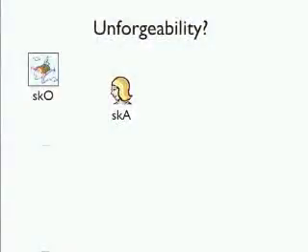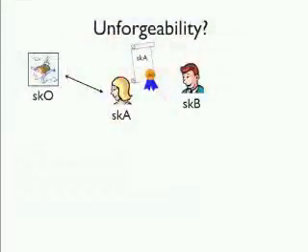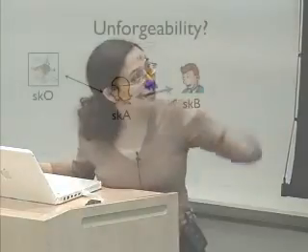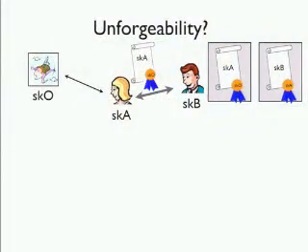Remember, the way it works is Alice gets a signature under SKO. And then when she talks to Bob, they together come up with a signature under O on Bob's secret key, and a proof of knowledge under SKO on SKA, and a proof of knowledge under SKA on SK Bob.